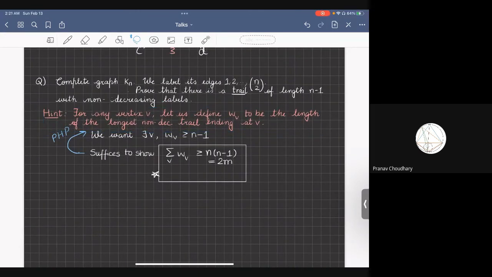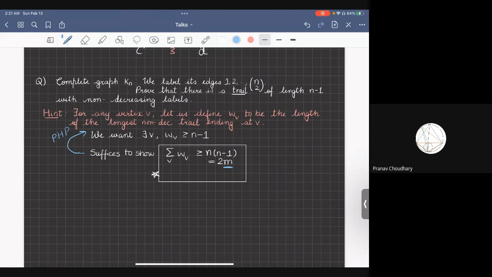Okay, so we are here right now. What I'm trying to hint here is that maybe the thing is true for general graphs on M edges.